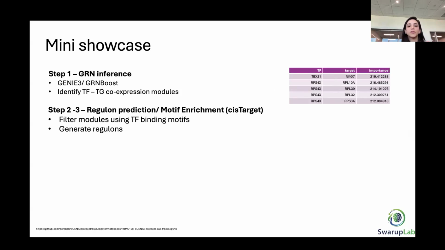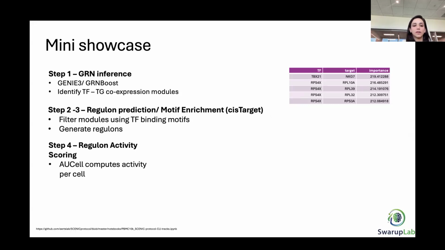And then in regulon prediction, we are basically pruning the list of TF-TGs based on which of these transcription factors have a motif that was recognizable in a promoter of a target gene. So if there was no match, we drop those TF-TGs, and we end up with a more limited list of transcription factors and the genes that they are regulating.